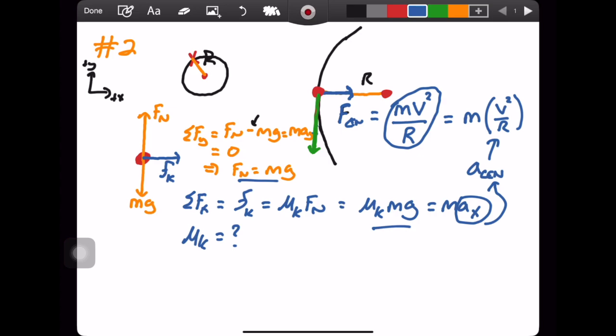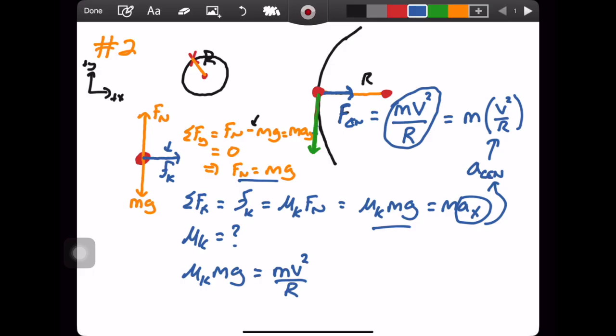This mu_k mg, which is the sum of the forces in the horizontal direction, is the force due to kinetic friction. As I mentioned, that's this force right here. This is the only force in the horizontal direction, meaning it is the only force that is supplying the requisite centripetal force, which is mv squared over r.